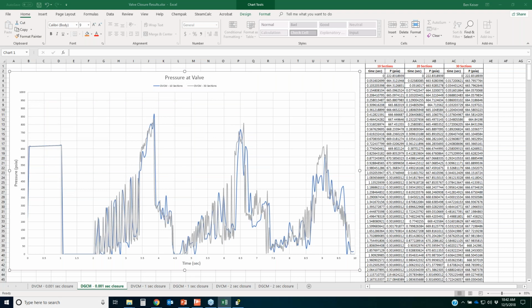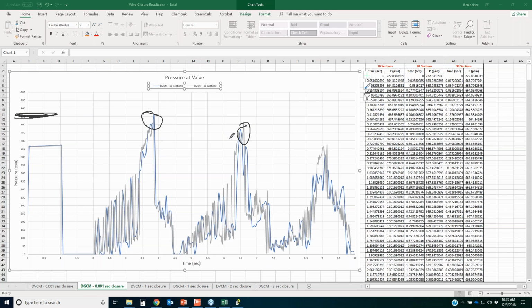Again, the discrete gas cavity model is a bit more accurate. And as you can see, when you compare from 10 sections up to 30 sections, you're still getting around 850 for that maximum. So that is what you would probably design your pipe system to withstand, this level of pressure.